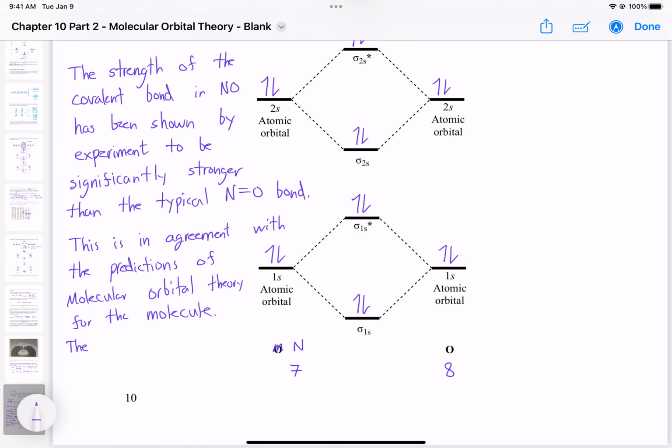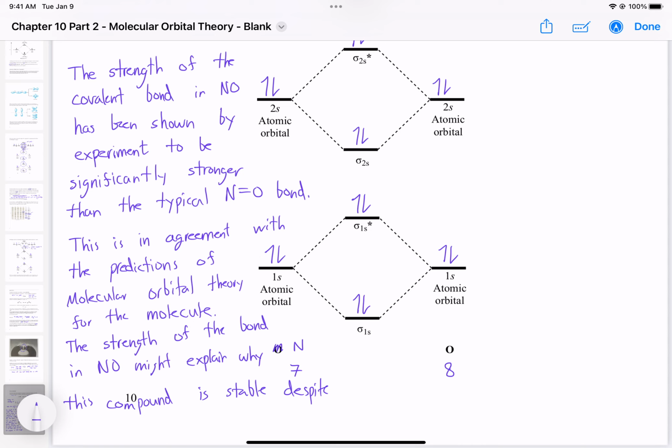So the strength of the bond in NO. Some implications we can get from this is that the strength of the bond might explain why this compound is stable despite the presence of an unpaired electron.